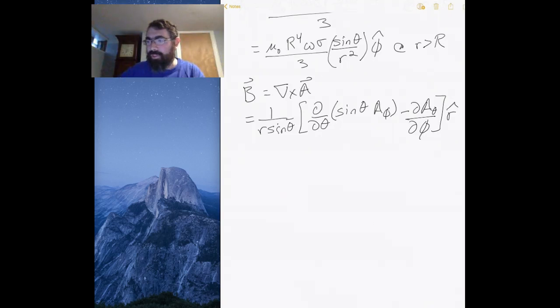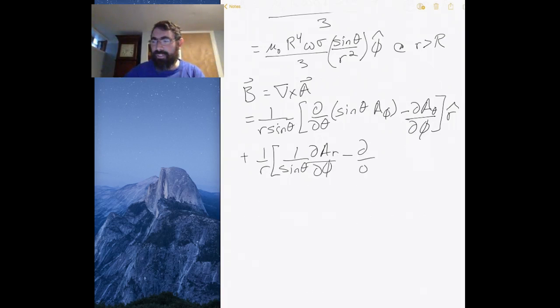So that's in the r direction, plus 1 over r, 1 over sine theta d A r d phi, minus d dr of r A phi.